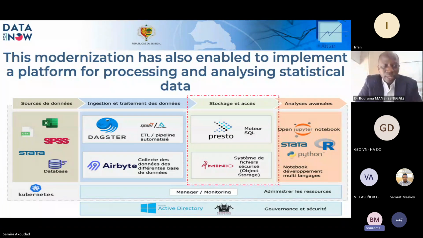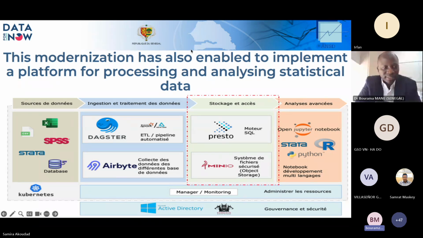The modernization has also enabled us to implement a platform for processing and analyzing statistical data. In this project, the platform is called the Data for Now platform. We have implemented it with different sources like SPSS, Excel, Stata, and other databases.